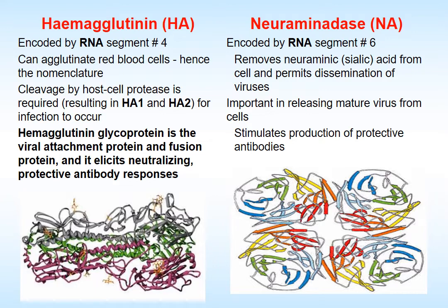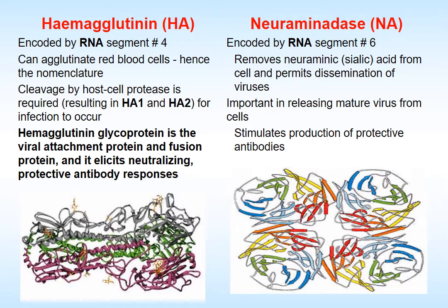On this slide, short information about the most important protective antigens of influenza virus, hemagglutinin and neuraminidase. Hemagglutinin is encoded by RNA segment 4 and neuraminidase by RNA segment 6. Hemagglutinin glycoprotein is the viral attachment protein and fusion protein, and it elicits a neutralizing protective antibody response.